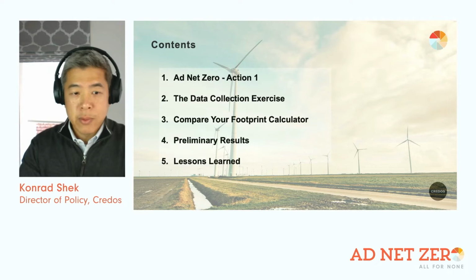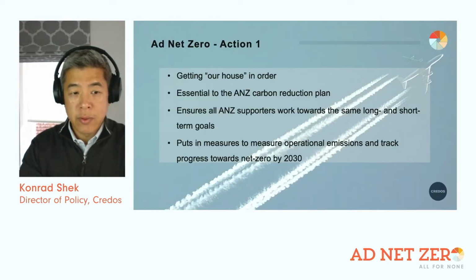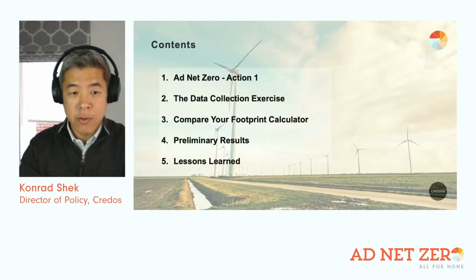My presentation will focus on the AdNet Zero journey to measuring advertising operations carbon emissions. Much of this activity stems from the work undertaken by AdNet Zero's Action 1 working group, chaired by James Best. I want to thank him and the working group for their contribution and patience through this exercise. I will review the background to Action 1, particularly for those who are not familiar with the working group's mission.